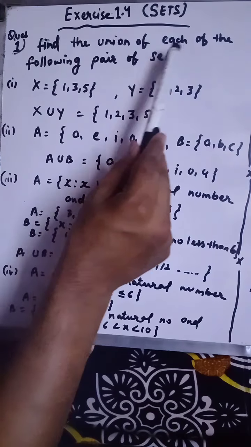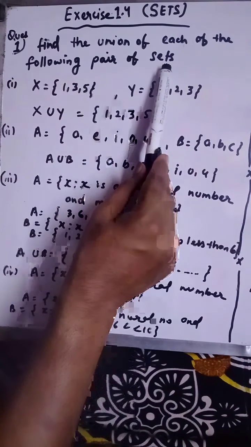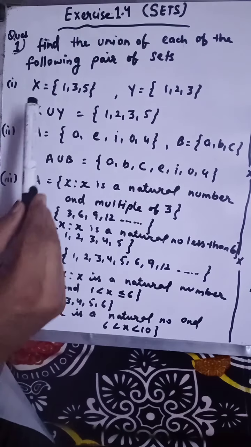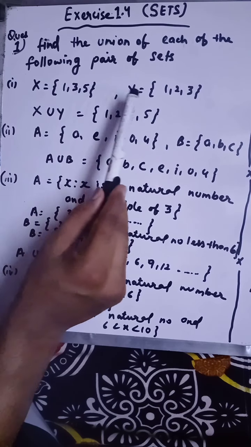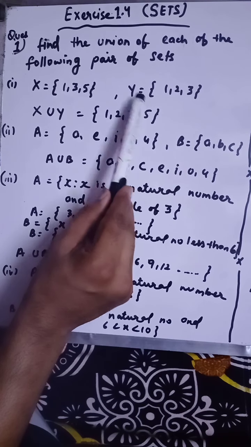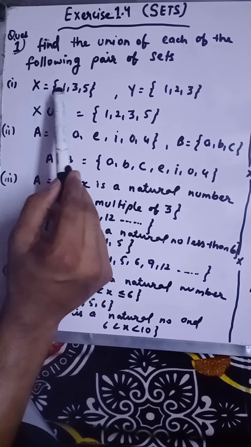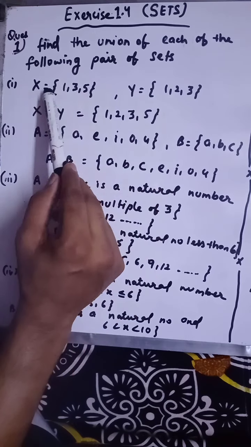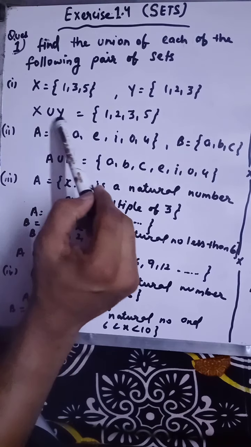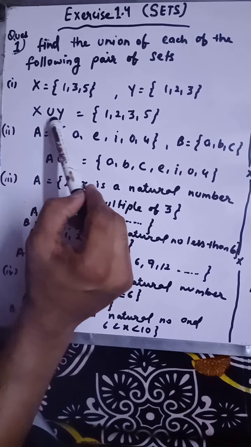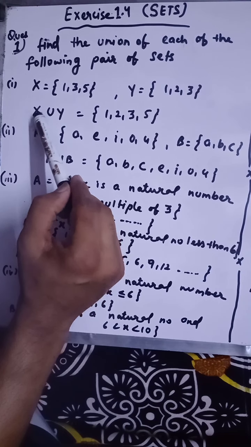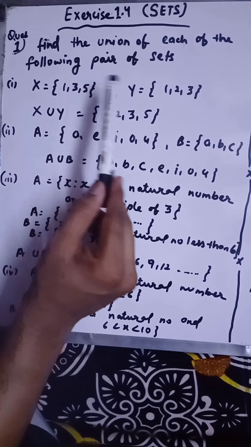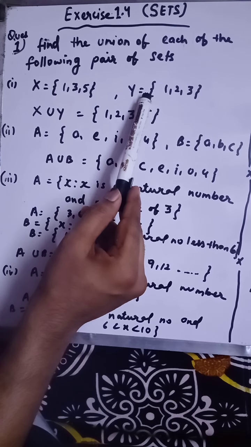Find the union of each of the following pair of sets. Here we have to find out the union. Your first question, X is given and Y is also given. Here the elements of X are given and the elements of Y are given, and we have to find X union Y. As we know, if we have to find the union, we have to write all the elements of X and Y in order.